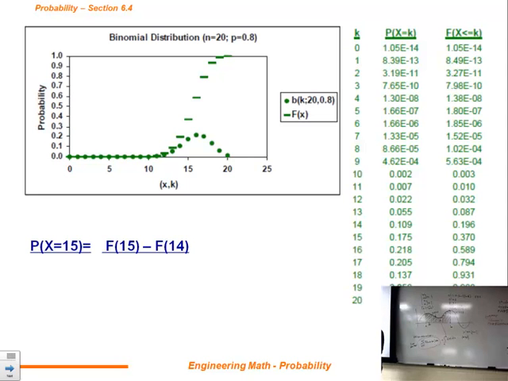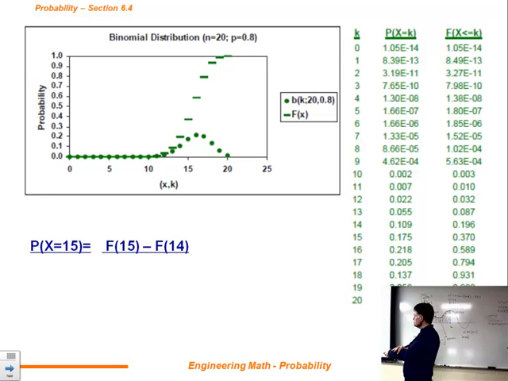So this is the relative complement of getting at most 15, but getting strictly more than 14. You take the probability of getting at most 15 heads and subtract off that sub-event of getting at most 14.